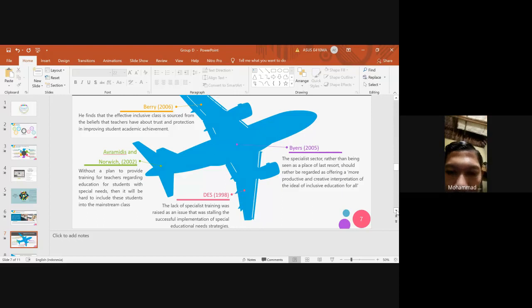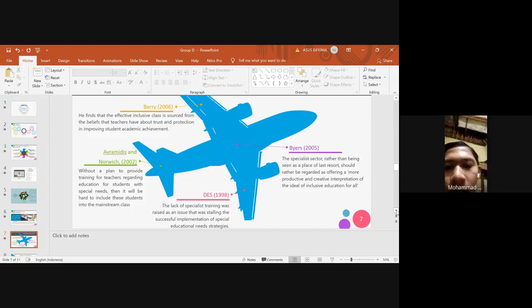The third is from DES, 1998. The lack of specialist training was raised as an issue that was stalling the successful implementation of special educational needs strategies.